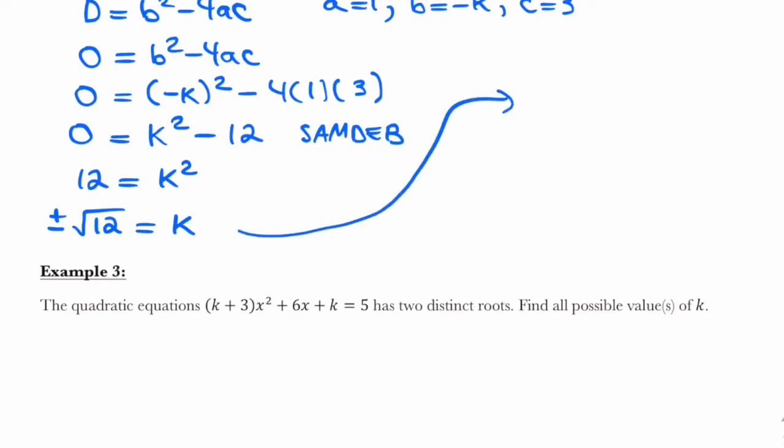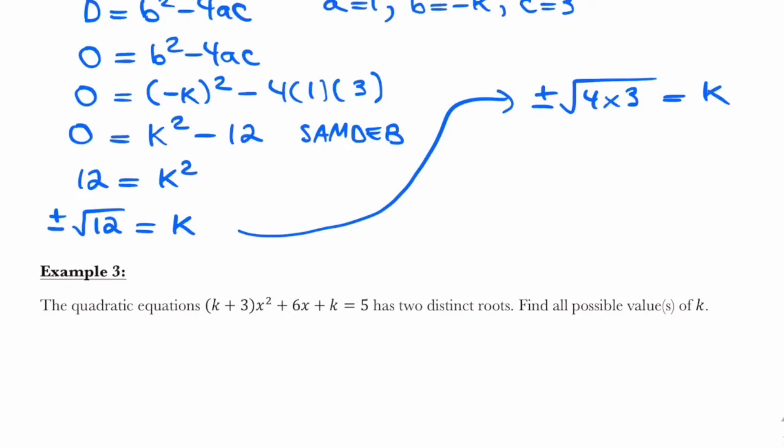So we can break down 12 into the following. Remember, like what we did in lesson 1, whenever you're simplifying radicals, you try to write the number underneath as a product of two numbers, ideally where one of them is square rootable. So we can break up 12 into 4 times 3. We'll use a property that we learned in lesson 1.